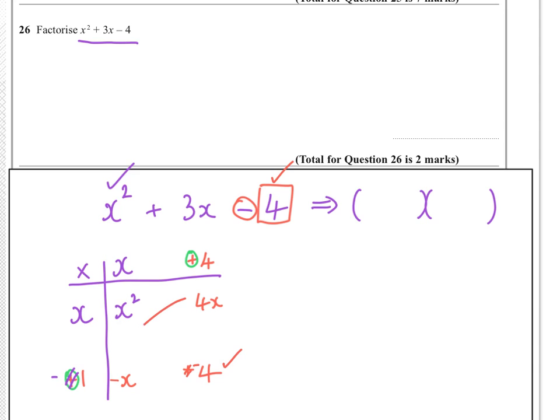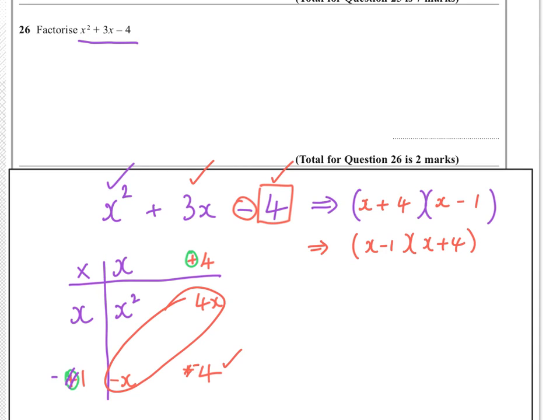And then we've got 4x and minus x, which gives us the 3x. So x plus 4 times x minus 1 does the trick, and that's the same. You could have written x minus 1 multiplied by x plus 4 is exactly the same.